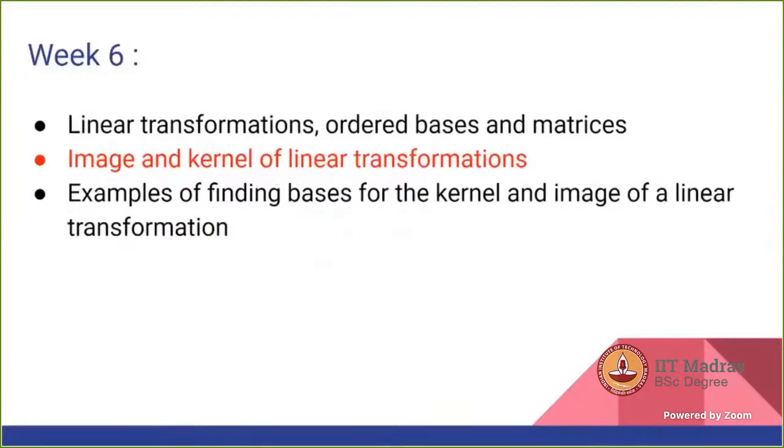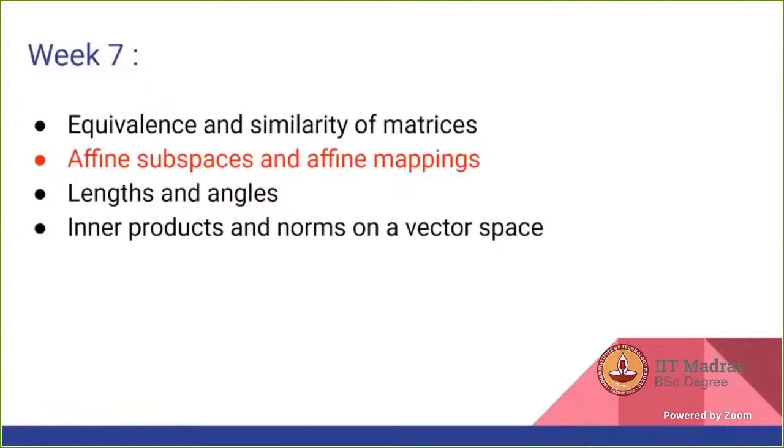In week 6, you will see more about linear transformations, ordered bases and the matrix representation of a linear transformation, and you will learn about the image and kernel of a linear transformation. Then in week 7, you will see some properties like equivalence and similarity of matrices, and another term, affine subspace. Again, this is highlighted, so this topic is somewhat abstract.